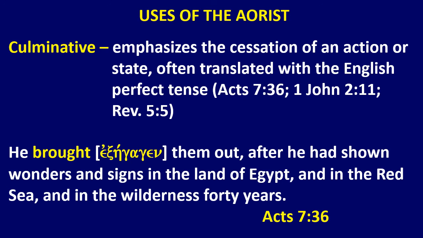And brought, that verb is culminative, based on the prepositional prefix that you see there for ago. It's ex ago in its root form, but the preposition ex at the beginning is the idea of to bring out. And when you think about it, you are not out of some place until you've reached the end of a process of coming out, let's say.